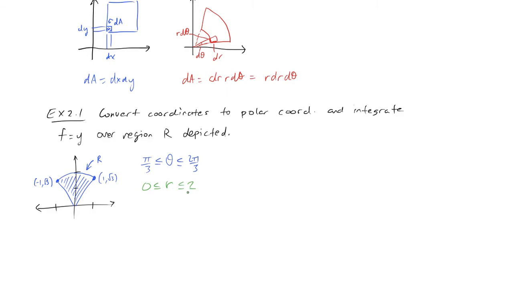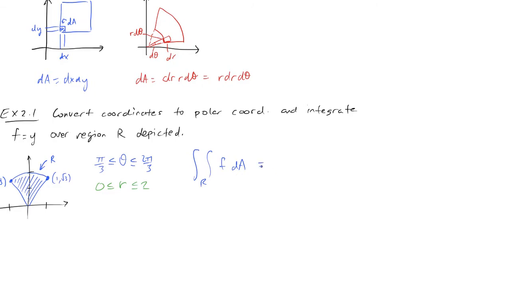Okay, so we have our rectangle in polar coordinates. Now we want to integrate f over this region. f is going to be y, which is r sine theta. And our area element is r dr d theta.